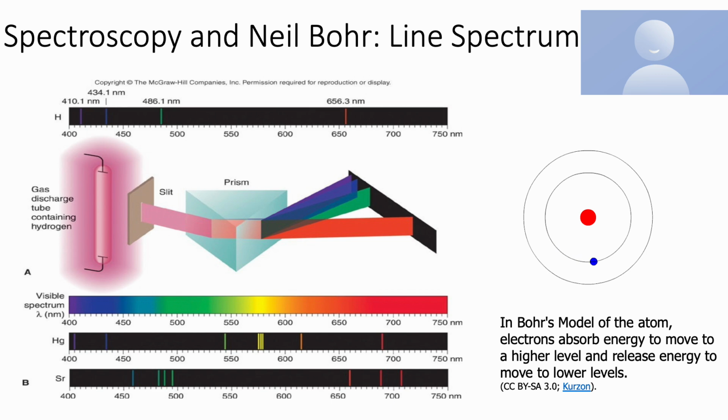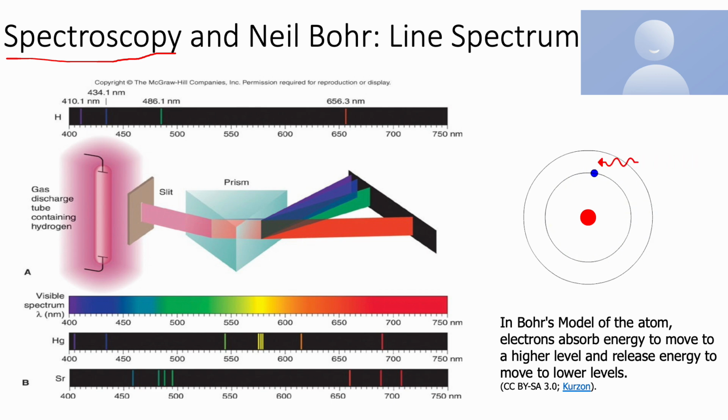For Bohr's model, Bohr benefited from spectroscopy. Pretty much anytime you have new tech in the field, you are going to have new discoveries, because the new tech allows you to do things that you just weren't able to do beforehand.